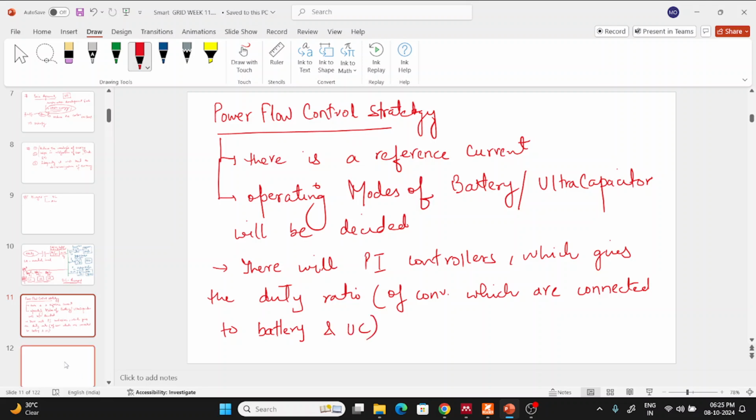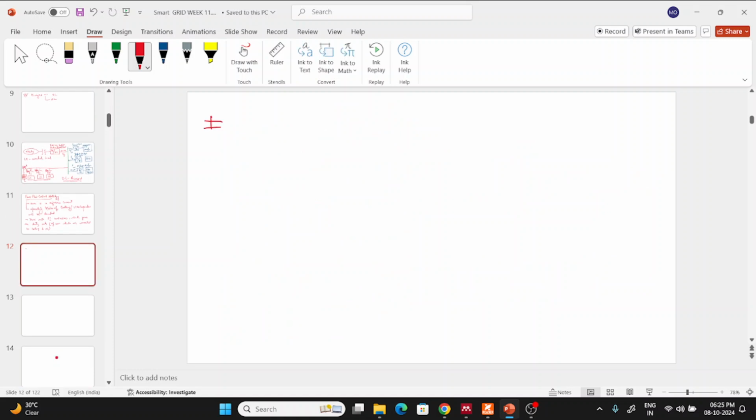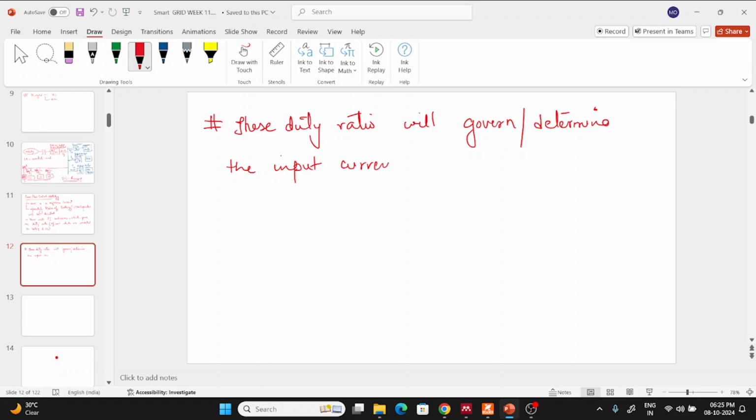Now, these duty ratios will govern, or I would say determine, the input current of the battery and ultra capacitors.